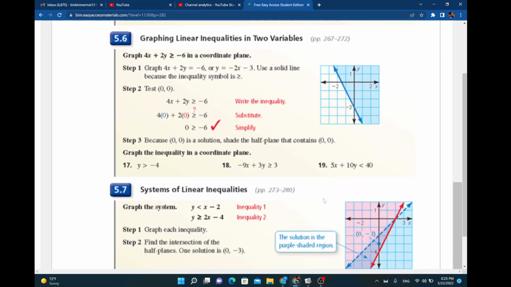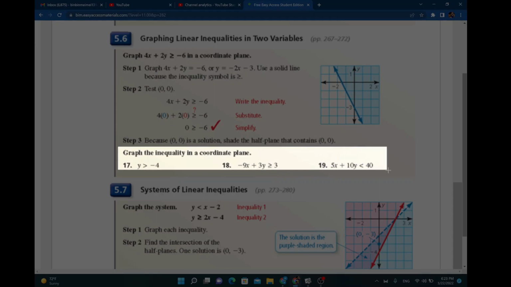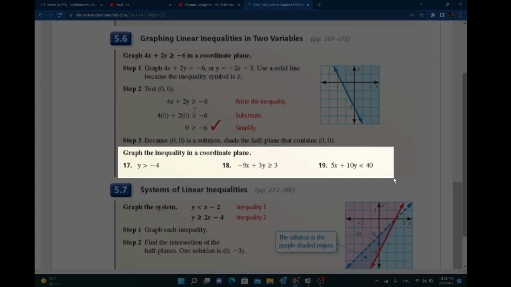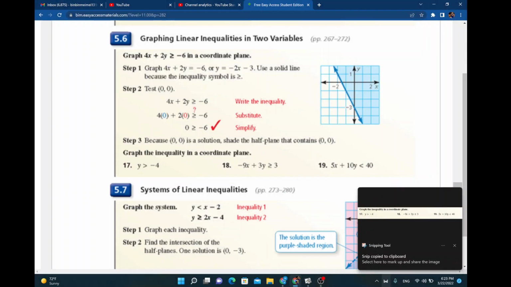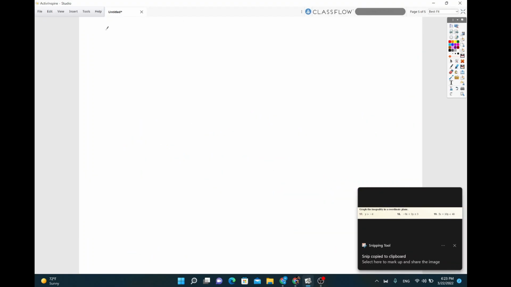And then 5.6. So 5.6 is about graphing linear inequalities in two variables. Okay, let's talk about this. This one gives you a special condition with just one variable, and the one that involves two variables. Okay, so let's talk about this one.